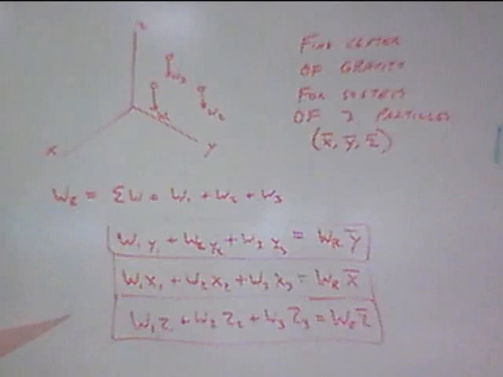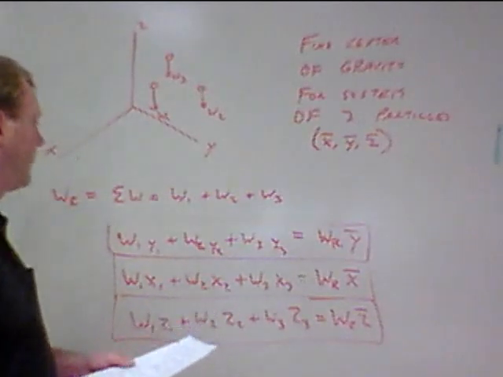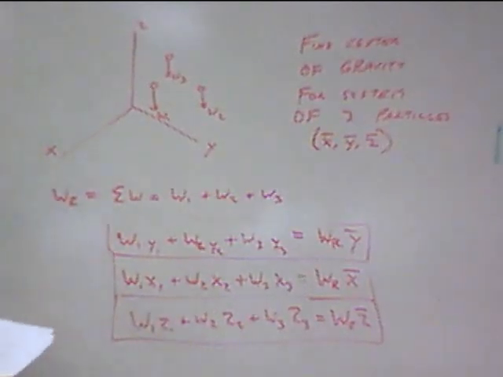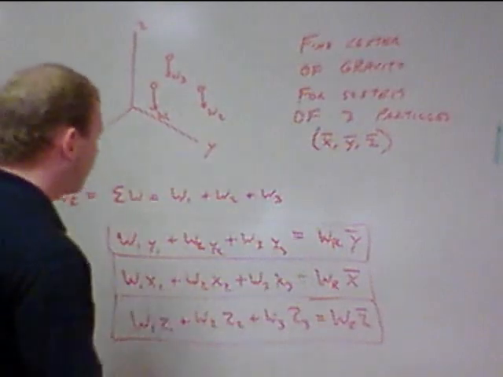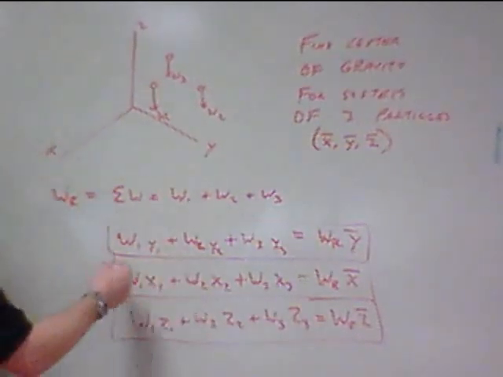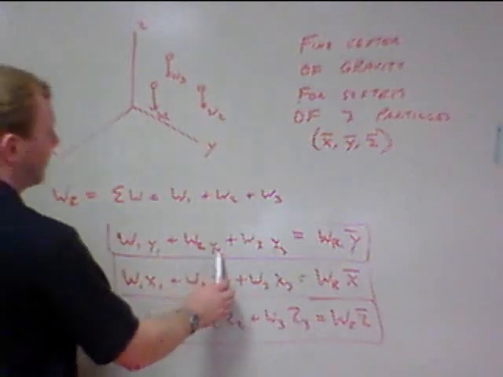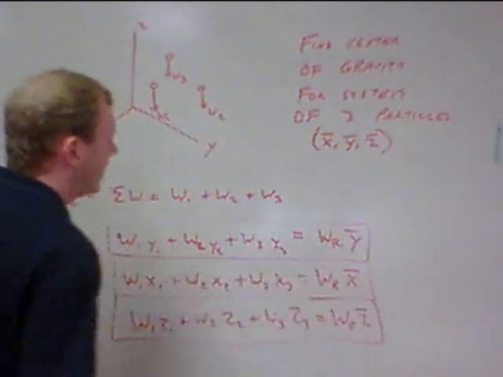Solving these will allow us to find the center of mass. Essentially what we've done is a summation of weight times position, weight times position, plus weight times position, equals this.